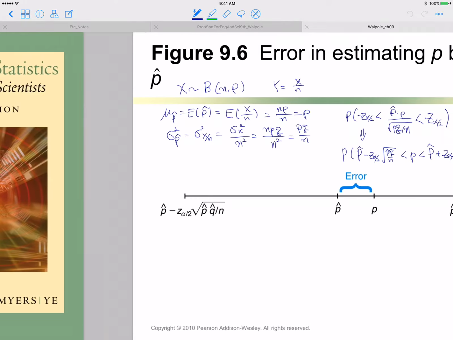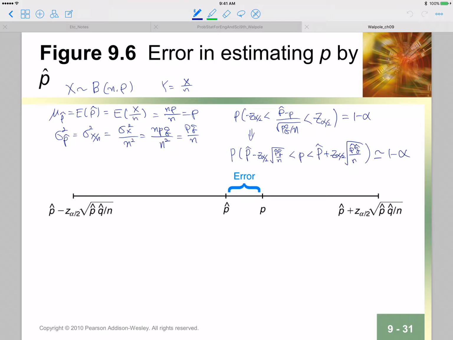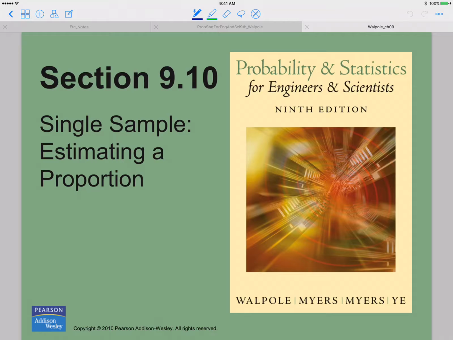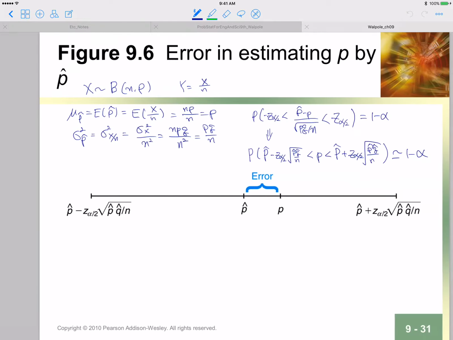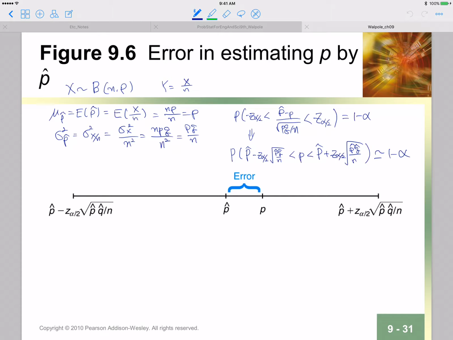And then we now move to the case of proportion estimation. In this case we consider the Bernoulli case, or the multiple experiments version, which is the binomial distribution.